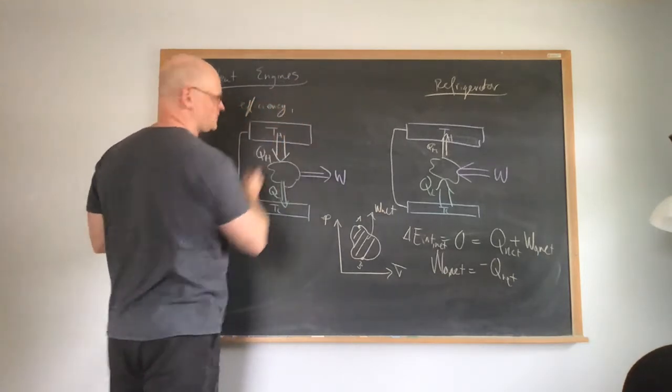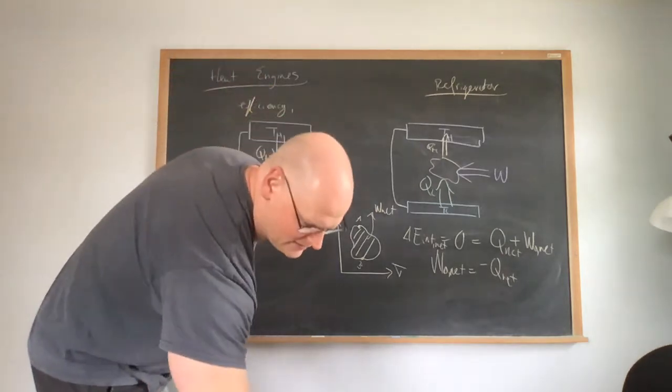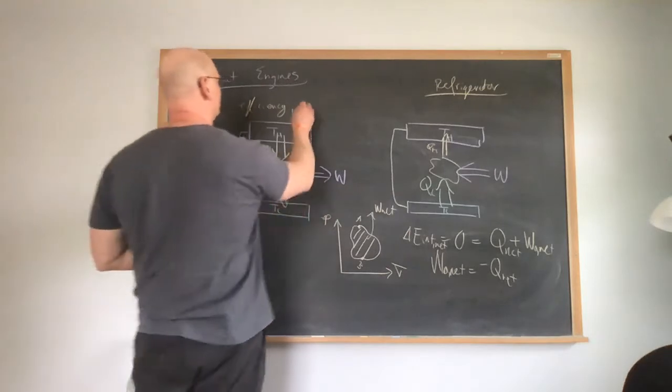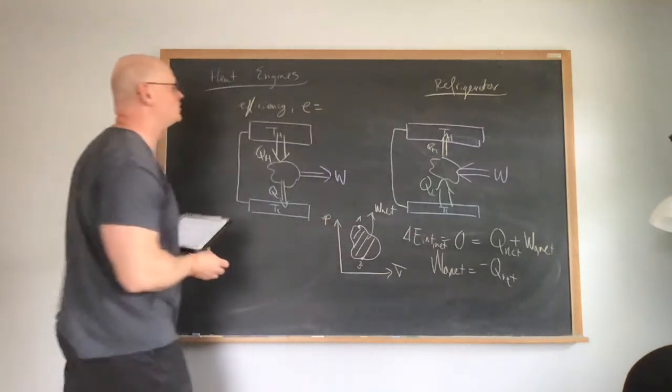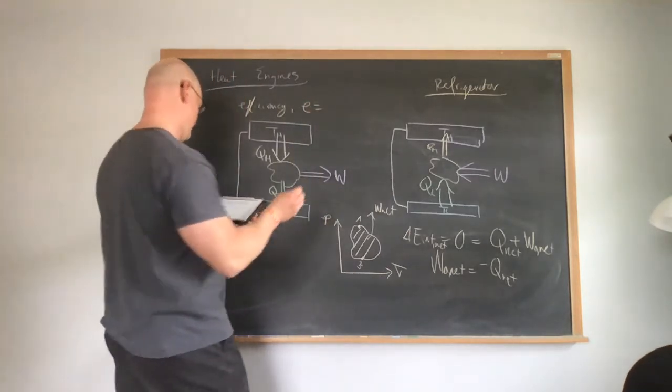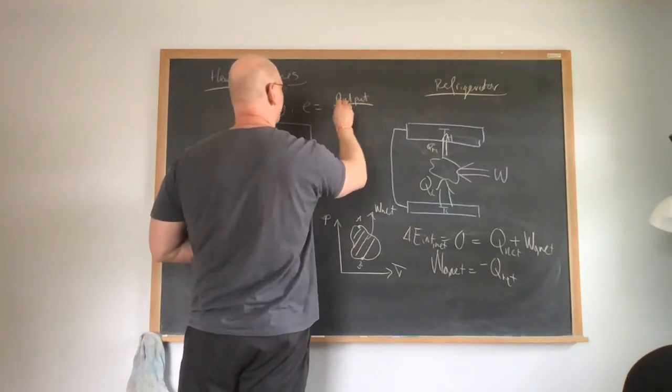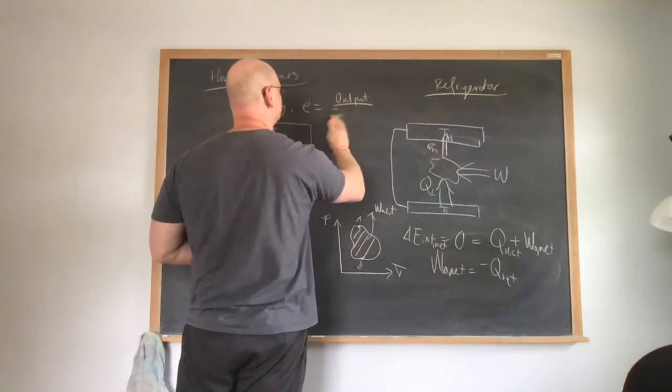So basically, from here, we can define what's known as the efficiency. We're going to call this E. So the efficiency is defined as the desired output divided by the desired input.